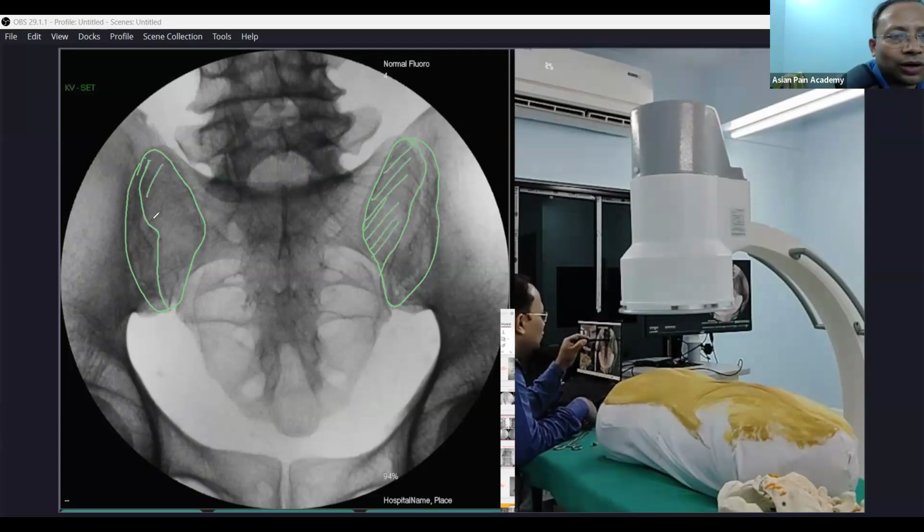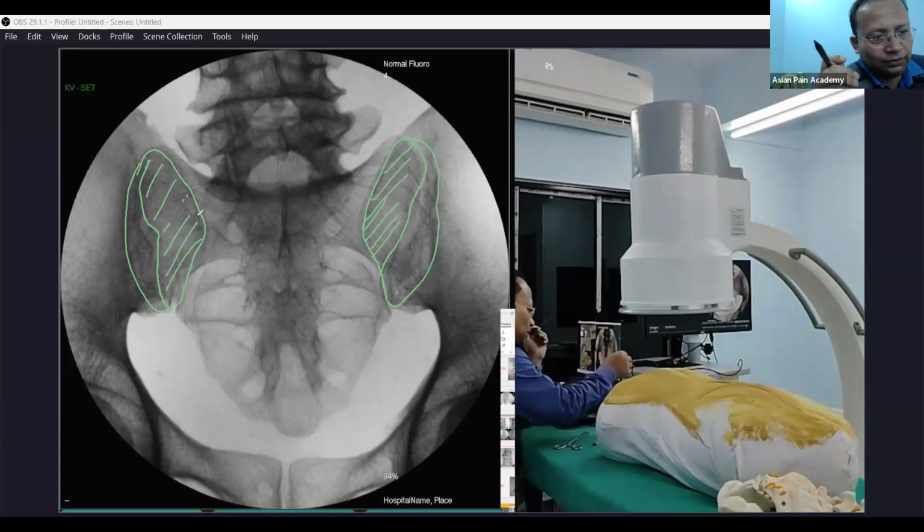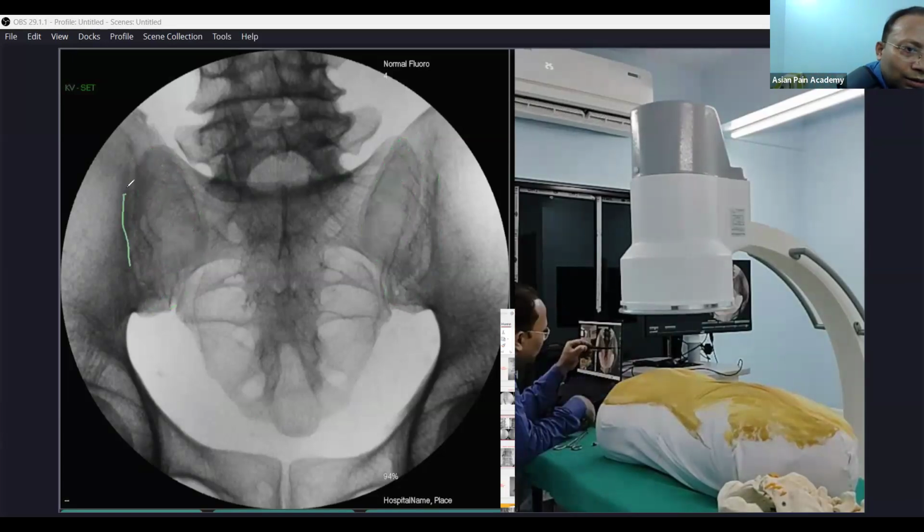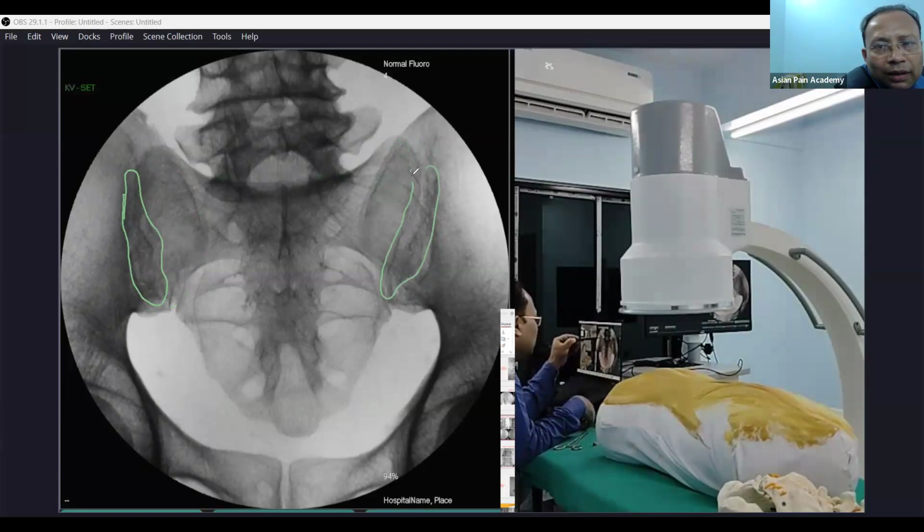This is not joint. Then where is the joint? Only this part is the joint. Okay.